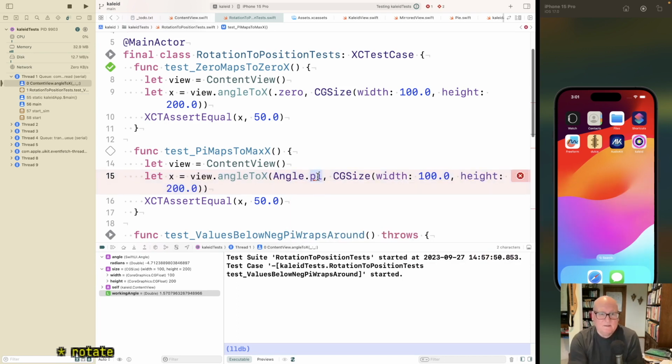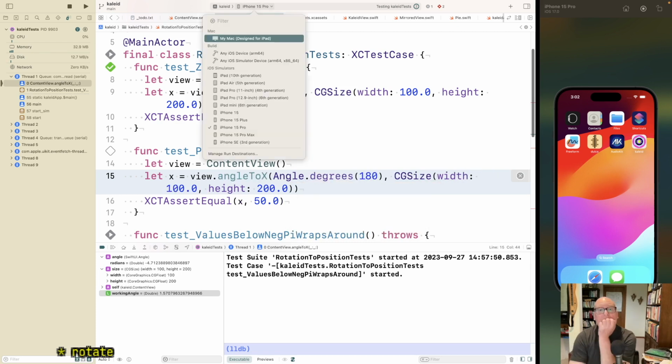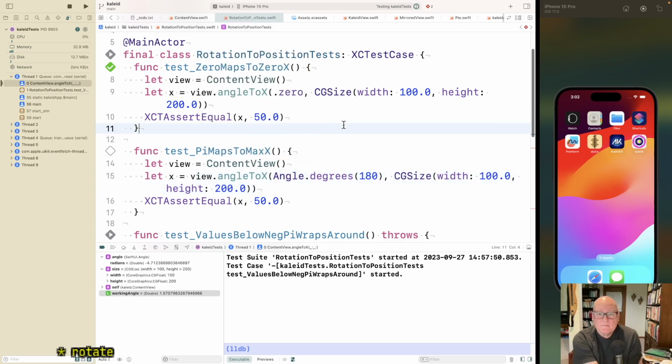Okay. Well, if I say degrees 180, I don't know if I'm killing myself with the 2 pi stuff. If I get to 180 degrees, 0 to that, I want this to be 100.